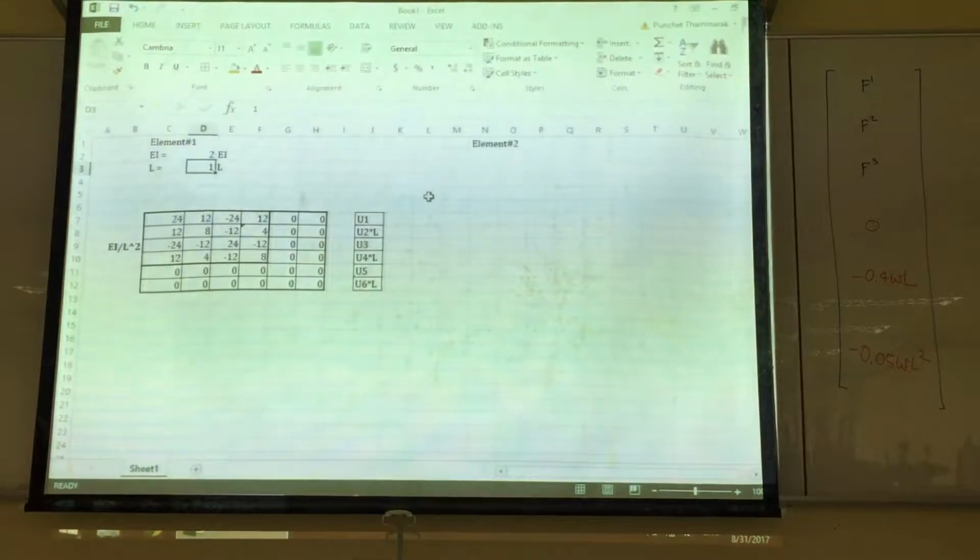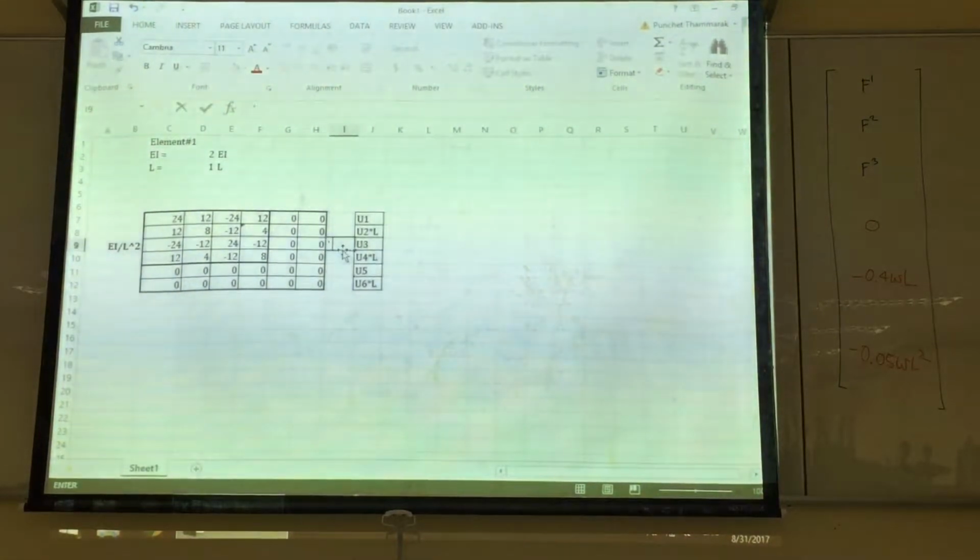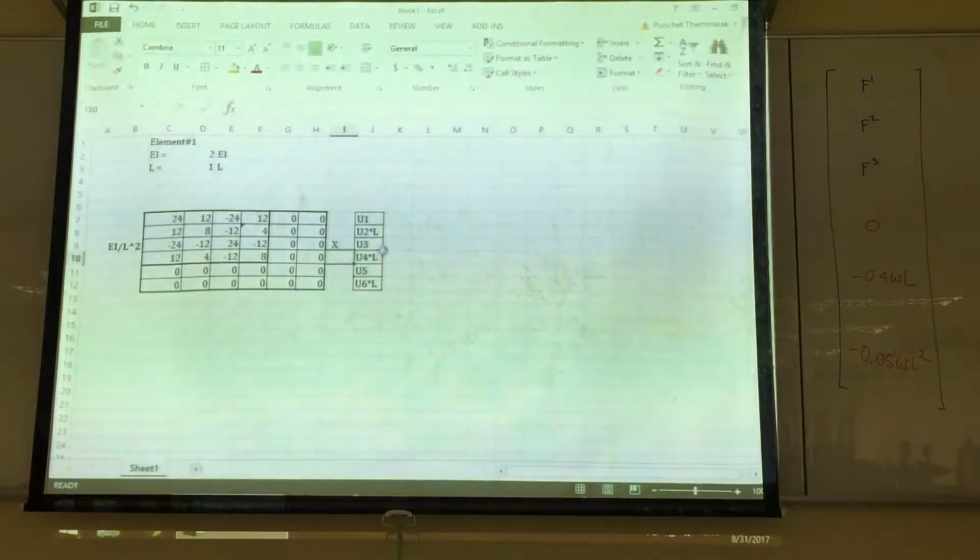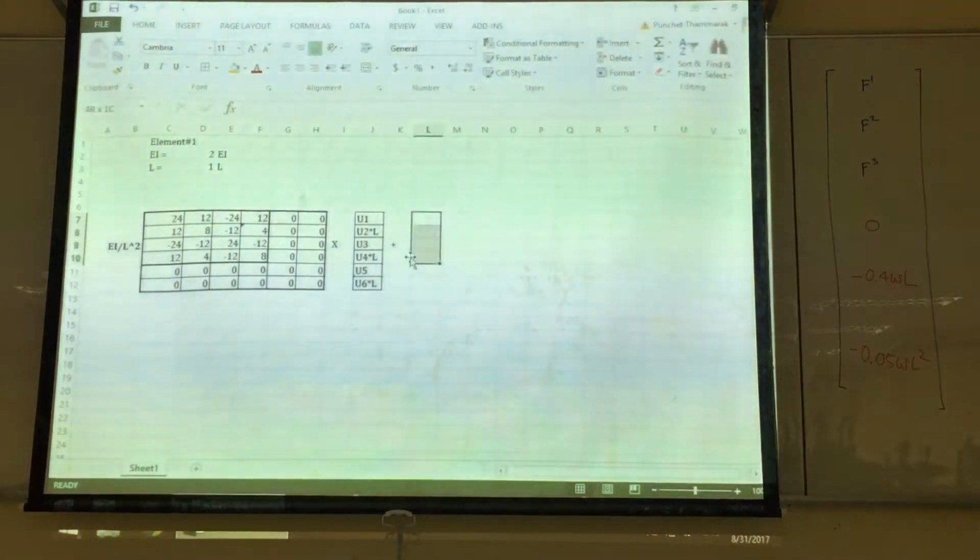Alright, what else do you have? Okay, I delete this one for the time being. So this is multiplied to this one here, and then added up to this one here.